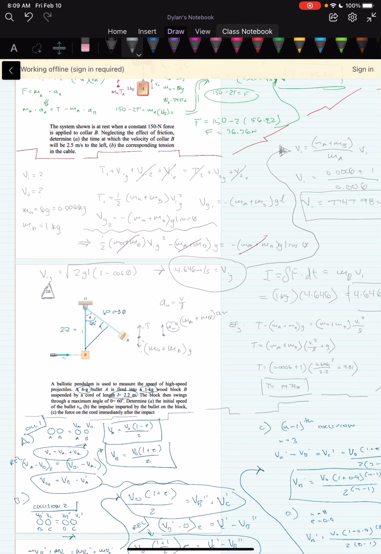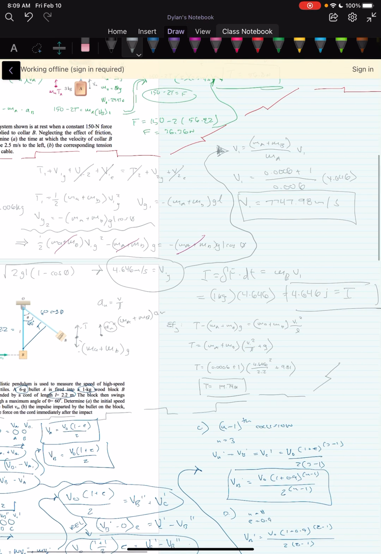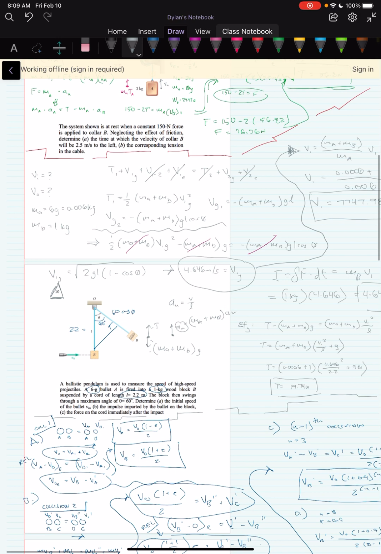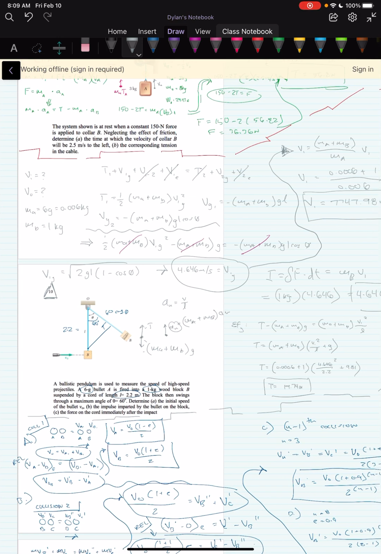And then you have your formula, and you can plug that back in with your potential energy at the start and finish, and you're able to get your gravitational potential energy.